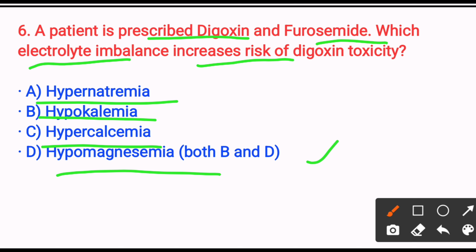The answer is option D, hypomagnesemia, both B and D, hypokalemia and hypomagnesemia, because furosemide is a loop diuretic that causes renal loss of potassium and magnesium.